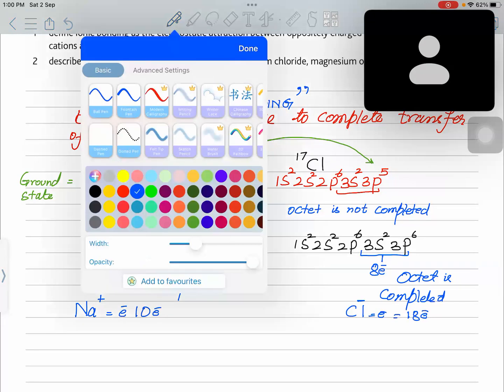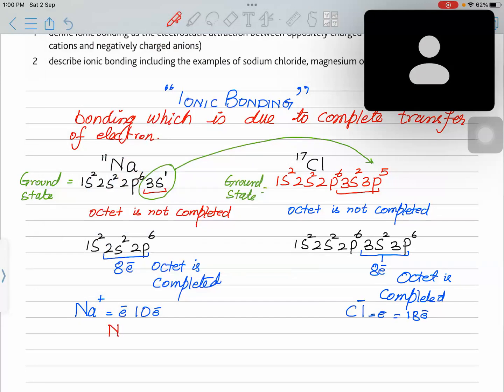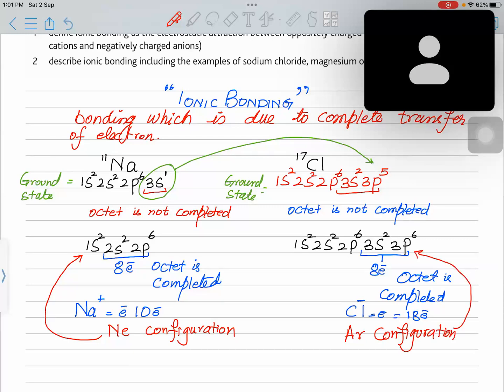So sodium attains neon configuration. Chlorine obtains argon configuration. So the driving force is the octet, to attain noble gas configuration. Are you getting my point or not?